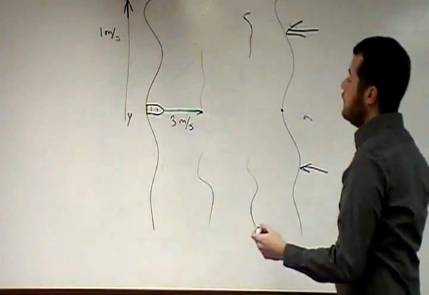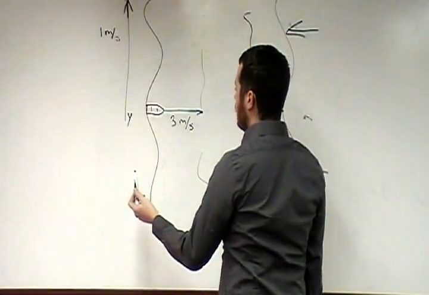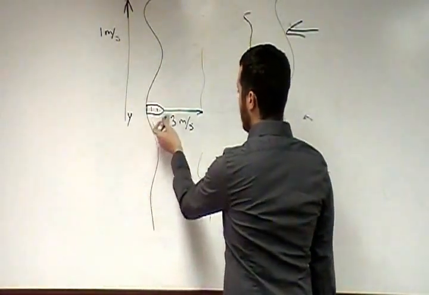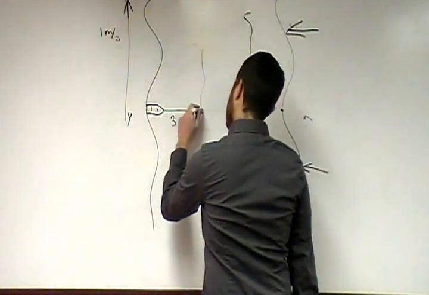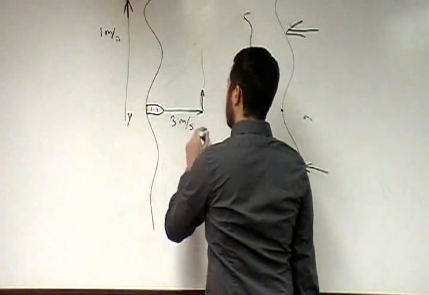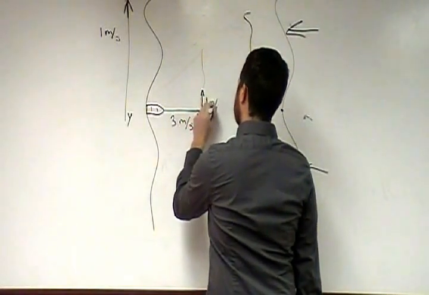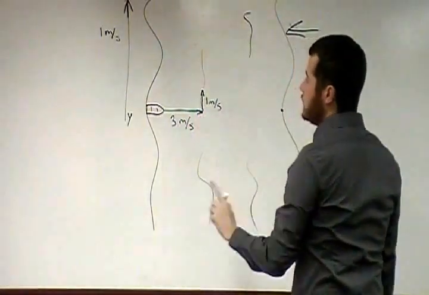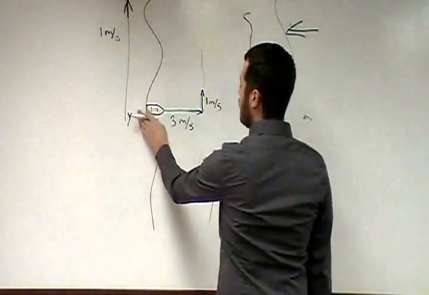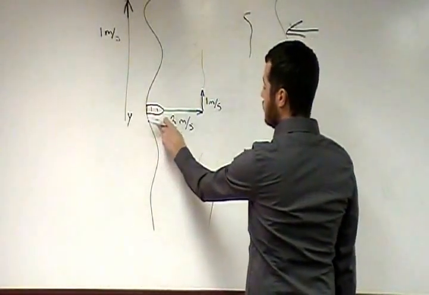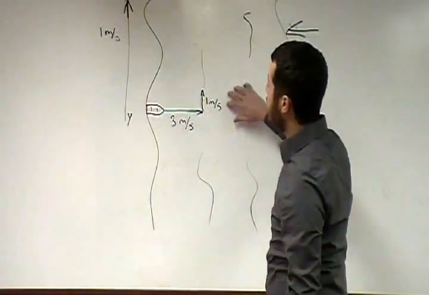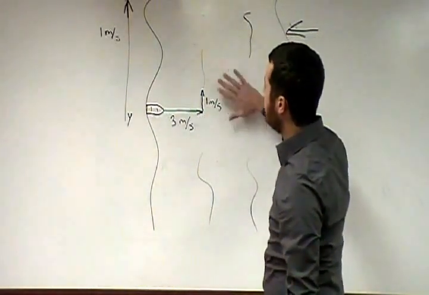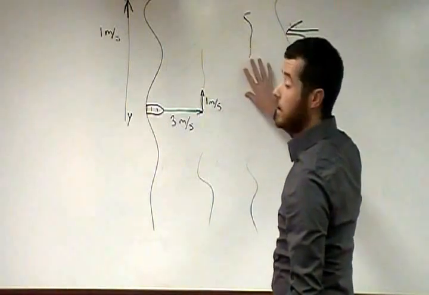Okay. So using the same method as before, we've got a vector to the right of 3 meters per second. We've got a vector up of 1 meter per second. Okay, and the reason for the vector up is because as soon as this boat leaves the shore, it's moving under its own power this way, but the water itself is going to carry it this way because all water is moving up in the plane of this board.